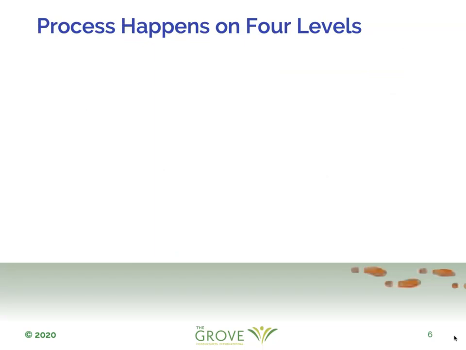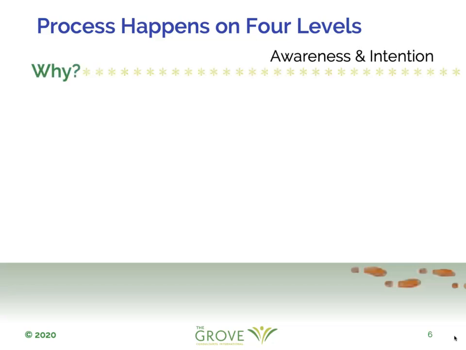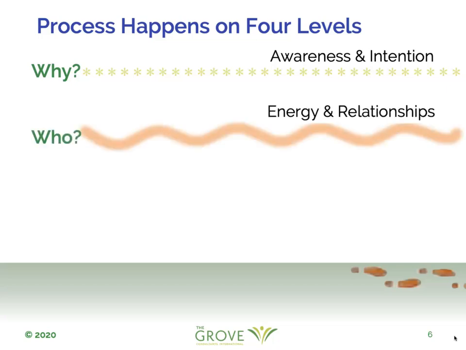So to understand this, let's step back and look at process as it happens on 4 levels and go back to those 4 key questions. The why question is really something that happens in people's awareness and intention and inside the consciousness of people in a team. The who, however, shows up in the energetic exchange and relationships between people, represented here by this wavy orange line.